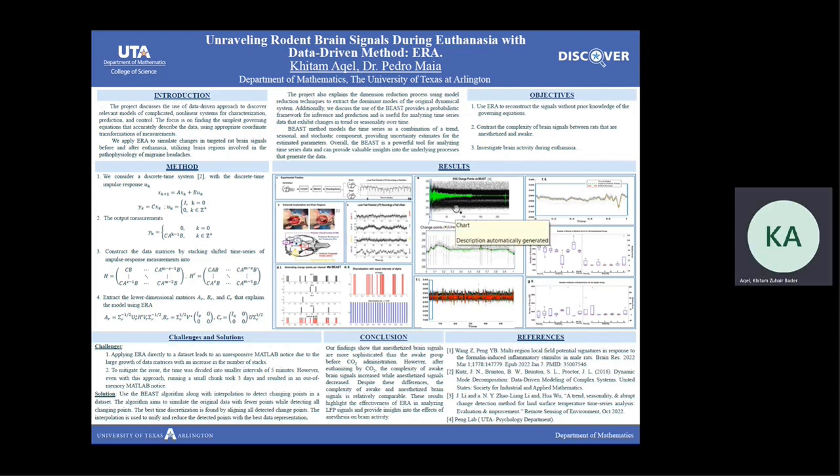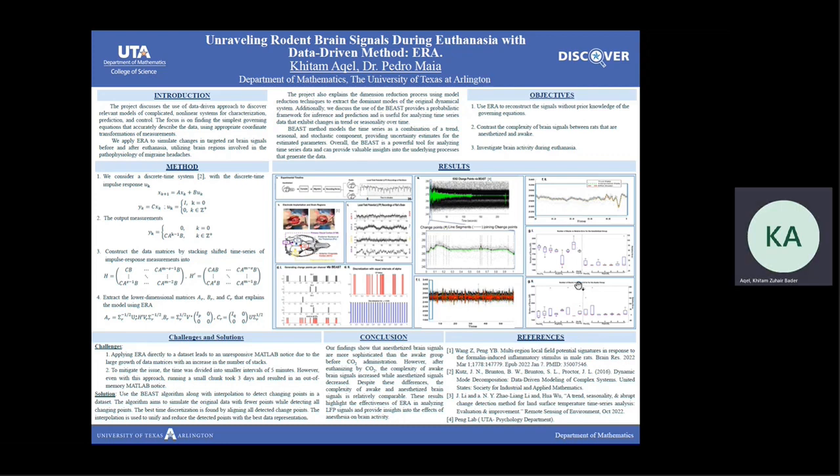In this figure here, we have the BEAST reconstruction via original data, and then we zoomed in to show the change points with the line segments via BEAST. In this figure, we have the ERA reconstruction and another zoom in showcase for the ERA reconstruction.